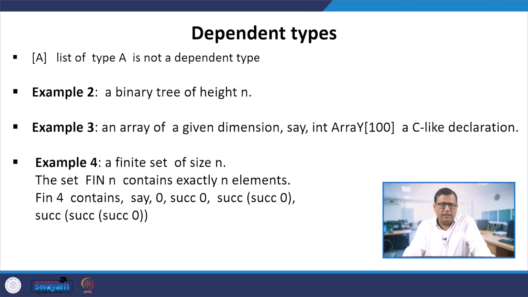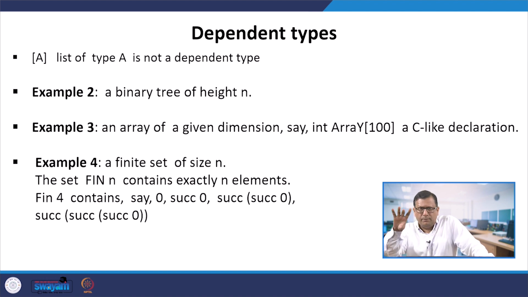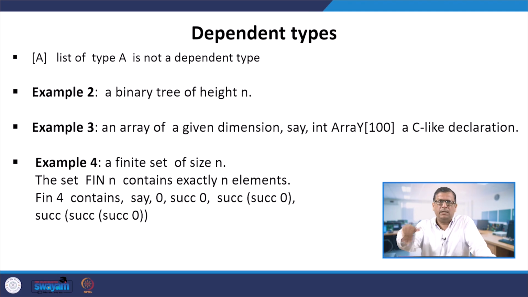Then we have different data structures we can take up, and we say a binary tree of height n. So we are going to consider not arbitrary binary trees, but some fixed n. Say n is of depth 3. The height 3 binary trees we are going to work with, and this might also lead us to other data structures like balanced binary trees, height balanced.